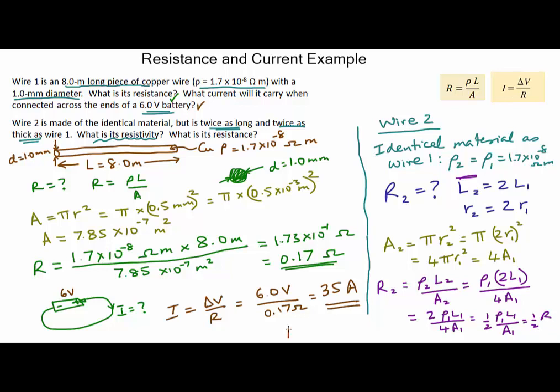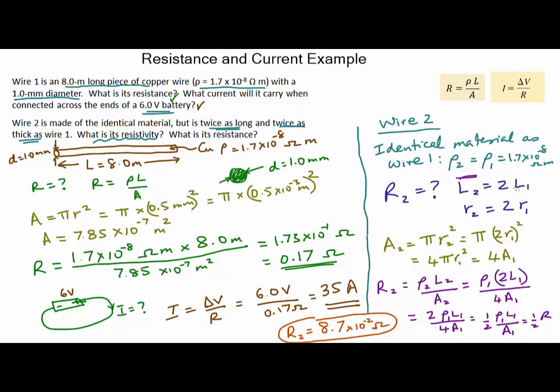So numerically, R2 is just 1/2 of R1, which is here, 1.73 times 10 to the negative 1. And that ends up being 8.66, or 8.7 to 2 significant digits, times 10 to the negative 2 ohms.